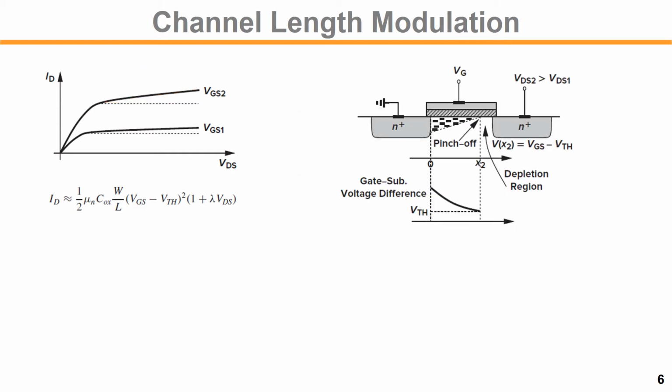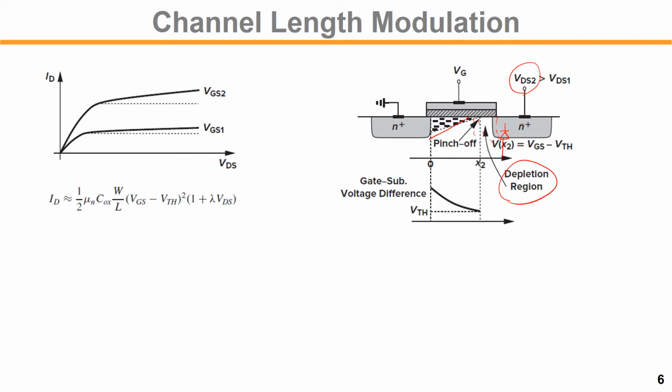Channel length modulation can be viewed in this actual transistor structure here. In saturation, we have a depletion region near the drain. If we have a larger VDS, a higher VD, we create more reverse voltage on the diode, so it makes a wider depletion region.